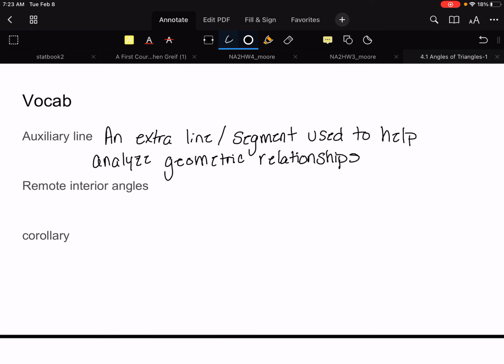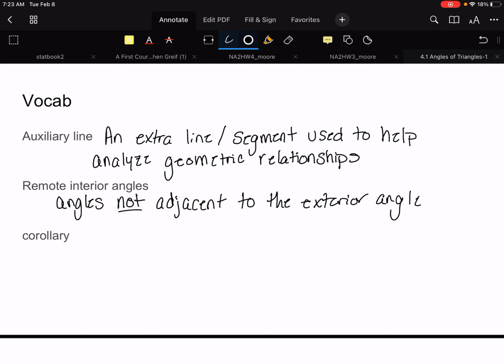Remote interior angles are angles not adjacent to an exterior angle. So if we had a triangle here, our exterior angle would be here. Our remote interior angles are these ones here.